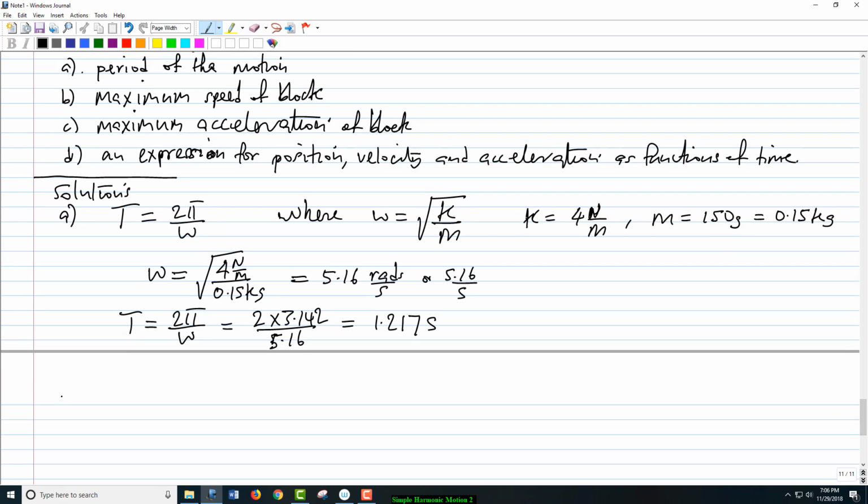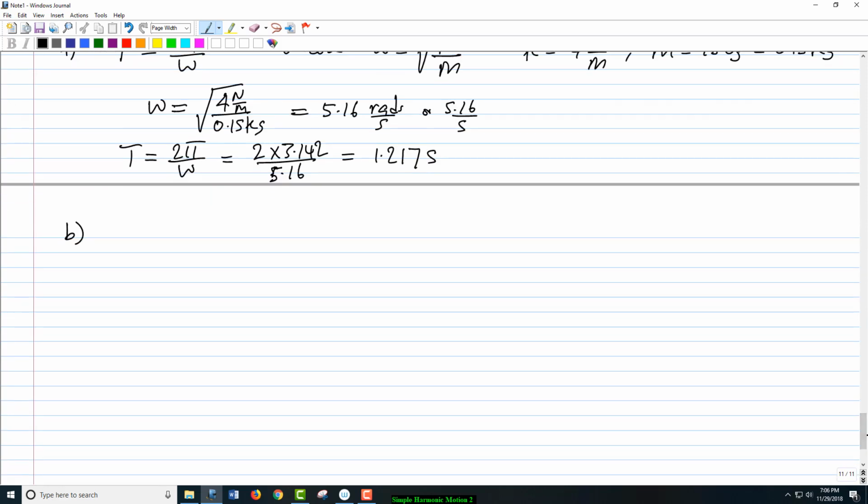And then for B, we want to find the maximum speed of the block. We know from our formula that V max is given by omega A. So we know omega is equal to the angular frequency 5.16 per second, and amplitude A is the maximum displacement from equilibrium.